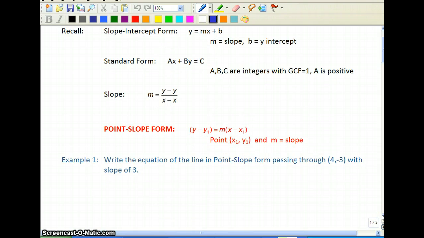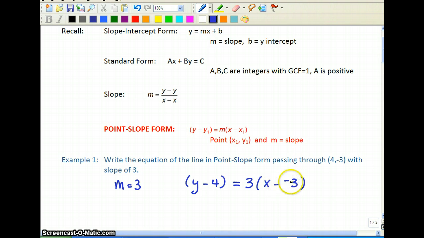So write the equation of the line in point slope form, passing through 4, negative 3, and slope of 3. So we know that m is equal to 3. So if we're going to plug into this equation, we would say y minus 4 is equal to m times x minus negative 3.